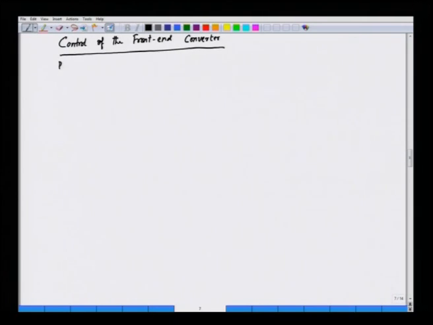First of all, it is a PWM converter, which means the input current is sinusoidal, close to sinusoidal. So, what we do here is that we want to maintain the DC link voltage constant.